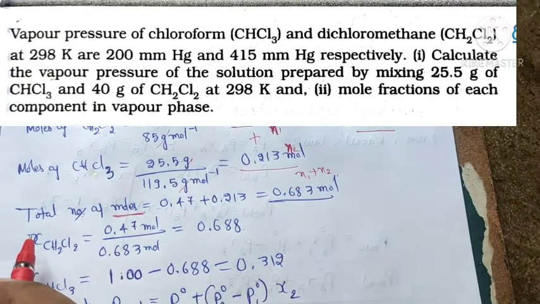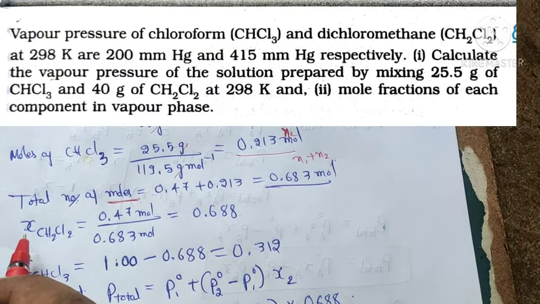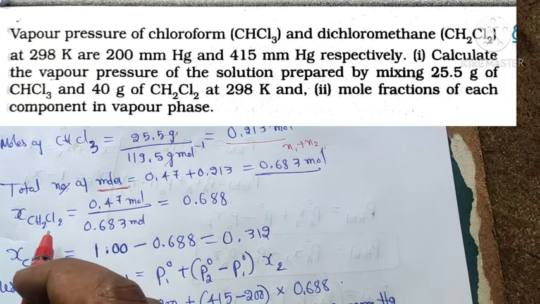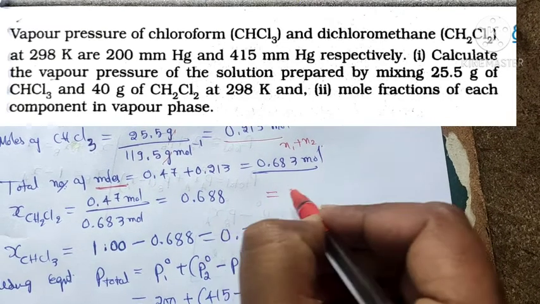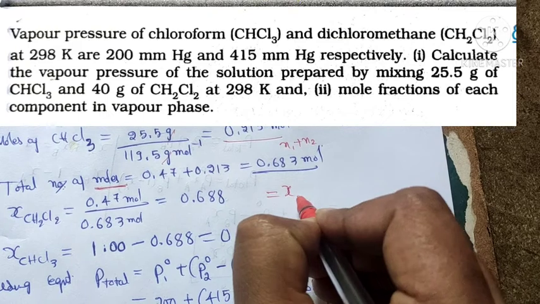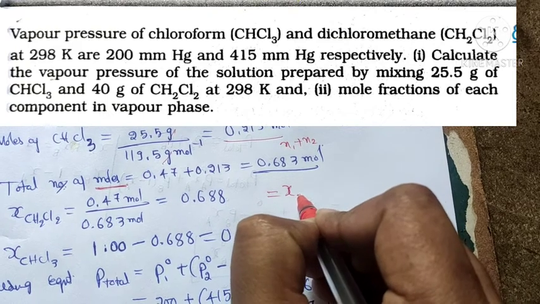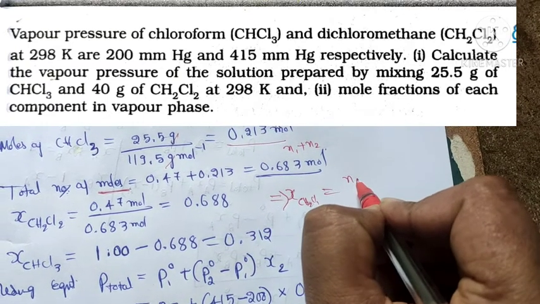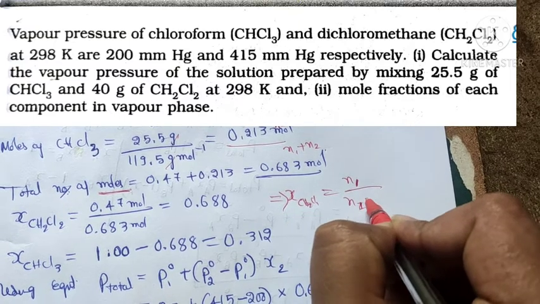So here, the mole fraction of CH2Cl2, dichloromethane: the equation is mole fraction X of CH2Cl2 equals N1 over N1 plus N2.